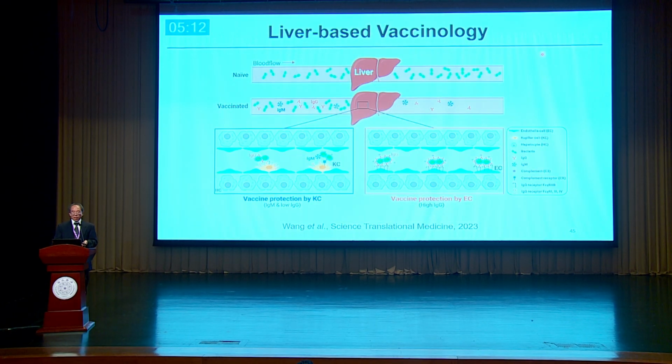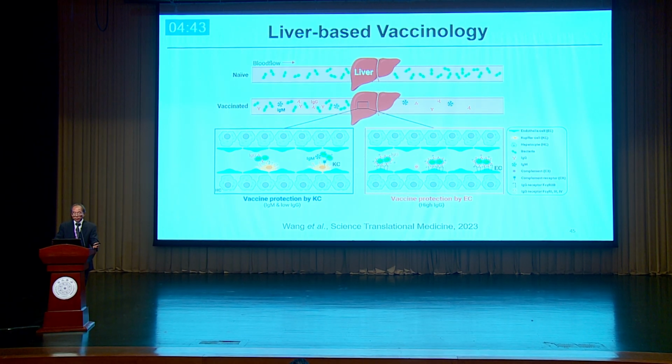Okay, so let's summarize. We discovered this liver-based vaccinology phenomenon, and I think that explains to a certain level why some vaccines work better than others. For example, here we show that the polysaccharide vaccine only activates Kupffer cell immunity, so it gives you a low level of protection.